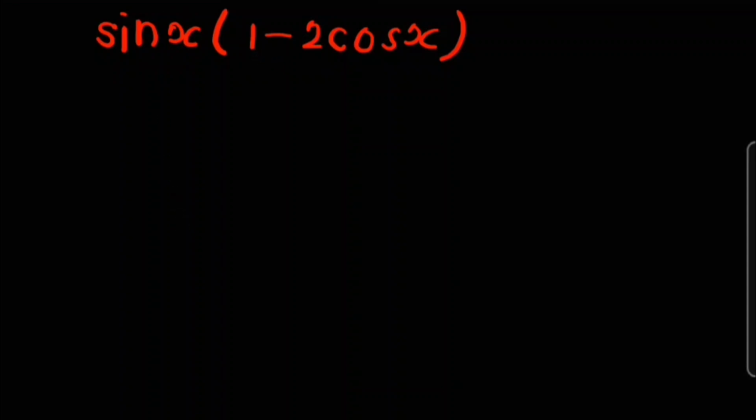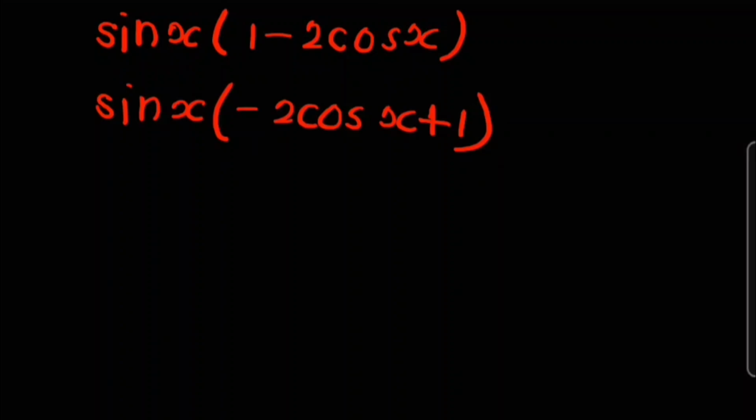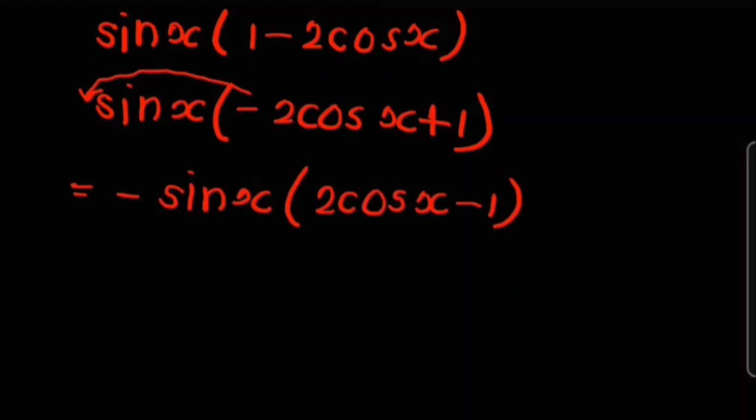And what I'm going to do is I'm first going to swap these two terms around. So as is, they have the opposite signs of what we need. We don't want this negative in front, and we actually need the 1 to be negative. How we can fix this is we can take out this negative as a common factor, which will actually go in front of the sine x. Doing so, this is what we end up with.